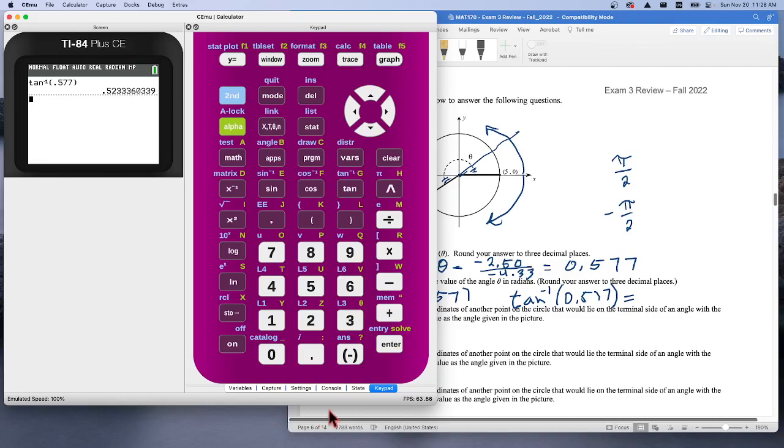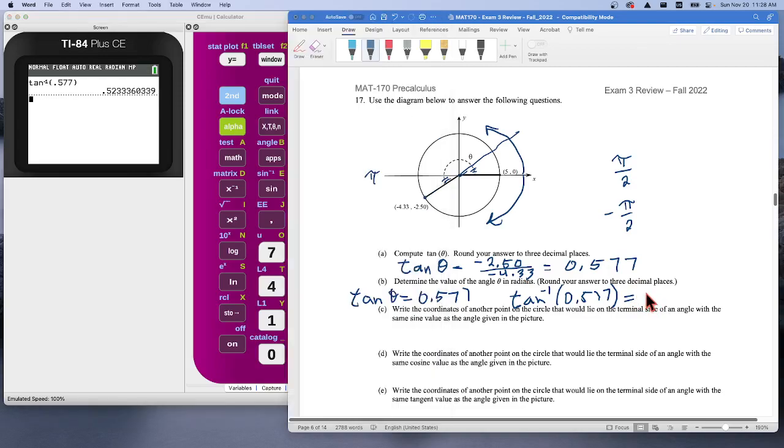It gives us radians, gives us 0.523, which is about half a radian. This is not the correct answer yet. That would be the angle in the first quadrant. And then what we need to do now to get it is we need to take this answer plus pi.